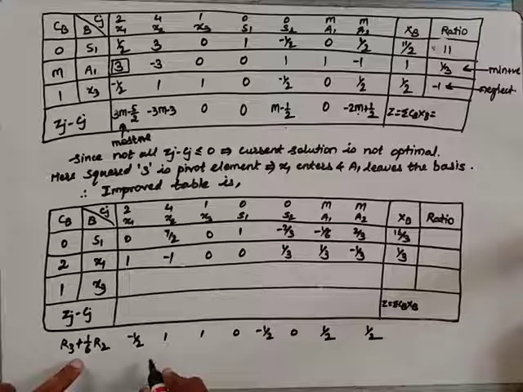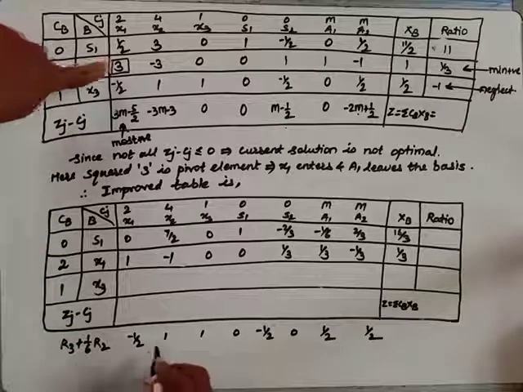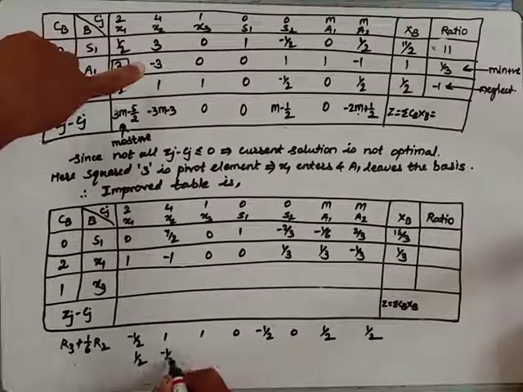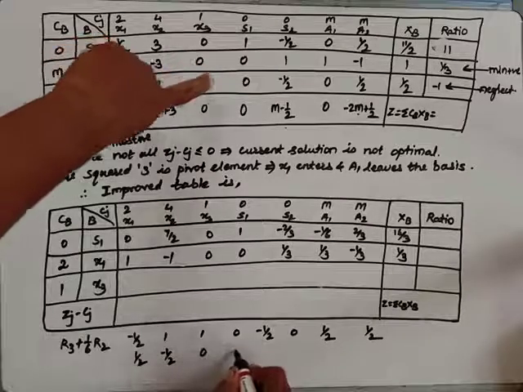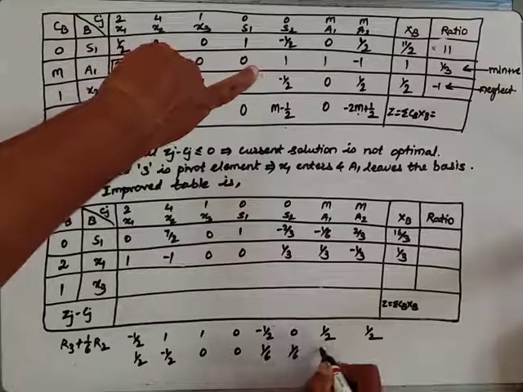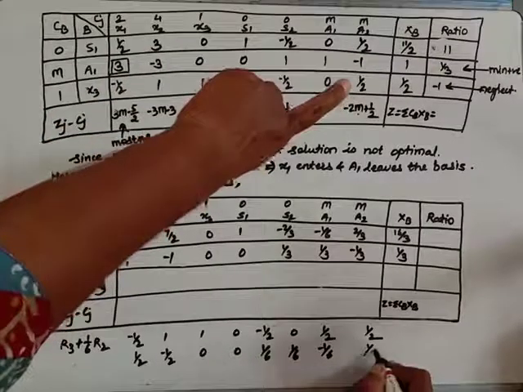So now let us multiply 1 by 6 to this R2. So it is again half, minus half, 0, 0. So this is 1 by 6, 1 by 6, minus 1 by 6 and 1 by 6.